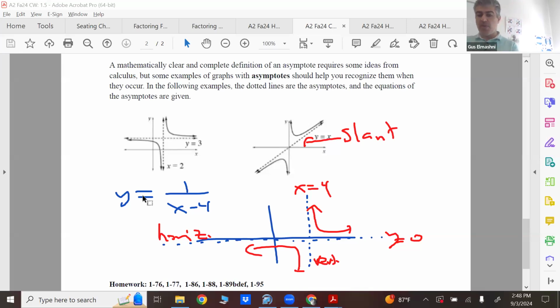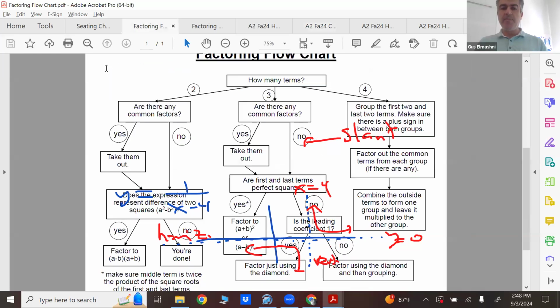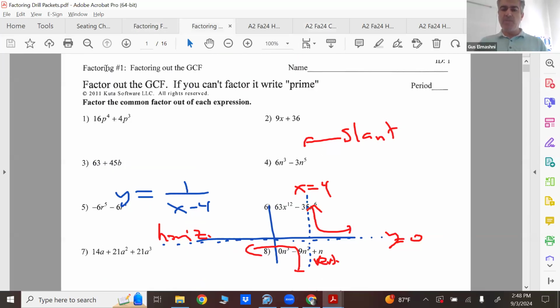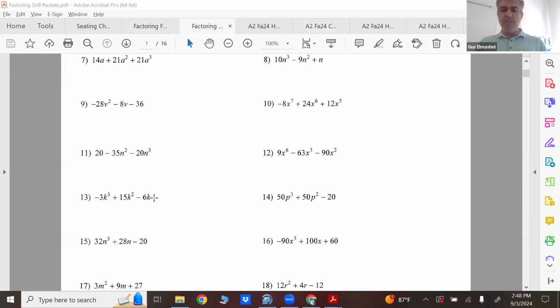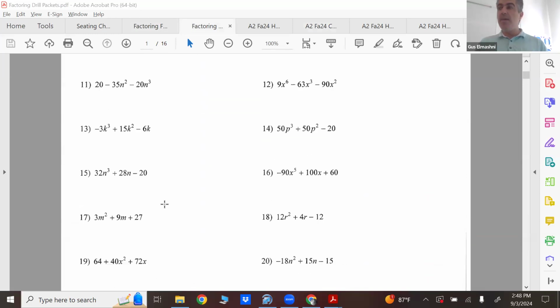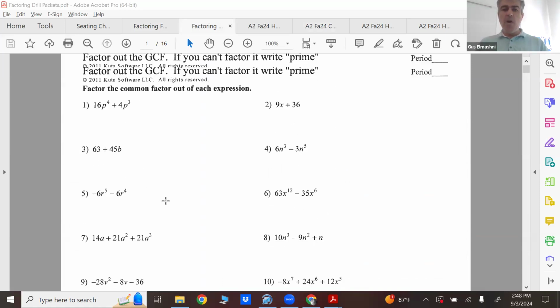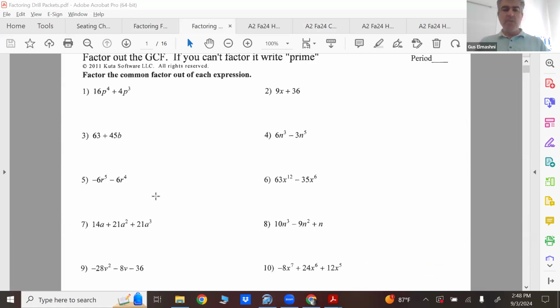So homework is right there. You guys have the homework packet as well. So once you're done with the quiz, you can start the homework. Now, really quick about the factoring. I suggest you do a little bit each day. For example, for this page here, just 1 through 20, the answers are on the next page. All you're trying to do is find the GCF. So for number 1, what's common between these two? Yeah, 4, and I'm going to give you the copy of this in just a second. 4 and p cubed.